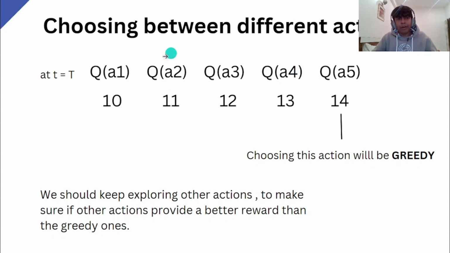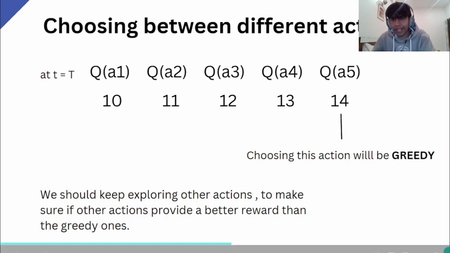Maybe, because they are random, all of a sudden A2 decides that, oh my God, my initial estimate is 11, but I gave a reward of 20. Do you get my point? We have to keep exploring actions in a random way to account for the random rewards. We have to fight randomness with randomness.